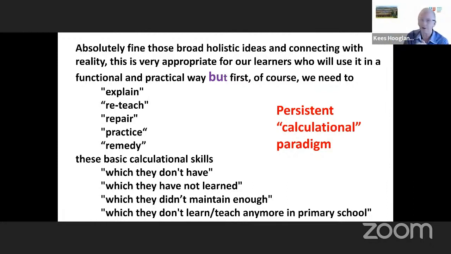But then always comes the but. "First, of course, we need to explain, reteach, repair, practice, remedy those basic calculation skills which they don't have, which they haven't learned, which they didn't maintain enough, which they don't teach anymore in primary school."